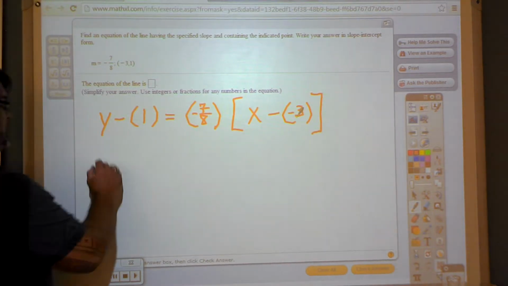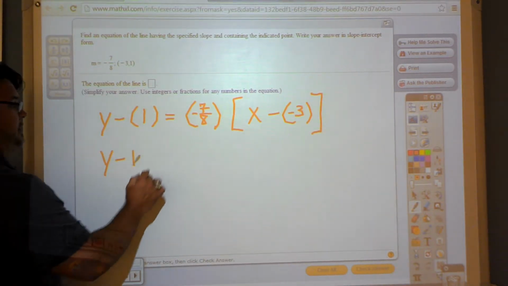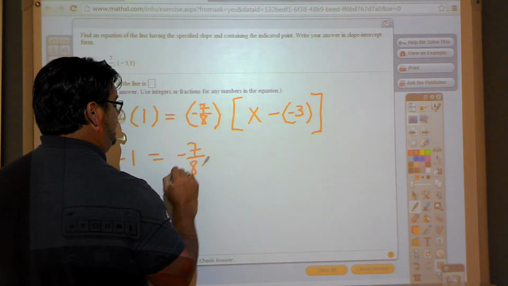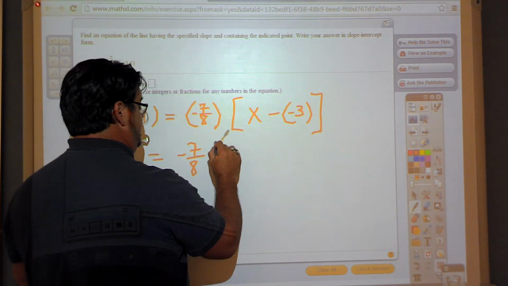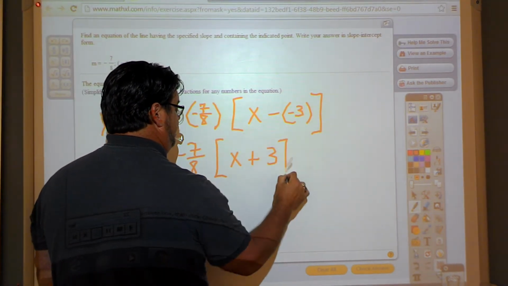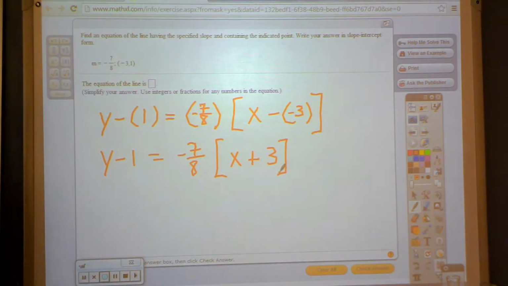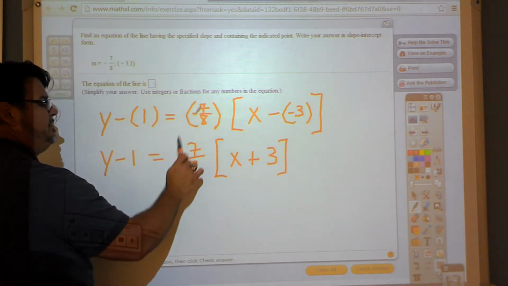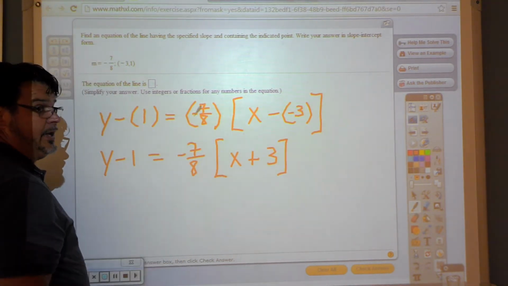So y minus 1 is equal to -7/8 times x, what? Plus 3. And see, if you don't do this correctly, when you distribute that negative, it's going to make it even more incorrect.